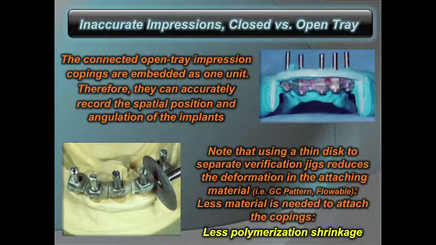Now, once you remove that from the mouth, it's not going to stay like that. It's going to shrink. It's going to somehow get deformed. So for that reason, we always make small cuts and then inject the flowable one by one, polymerizing them separately. This way, the polymerization shrinkage is not going to be a factor, and our verification is going to be very accurate.